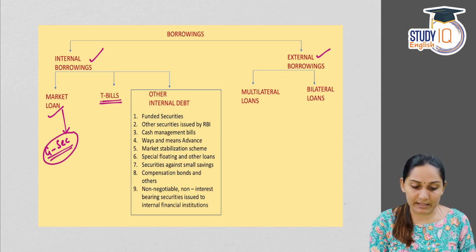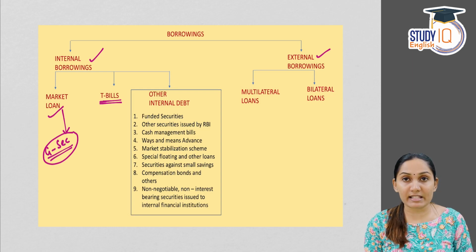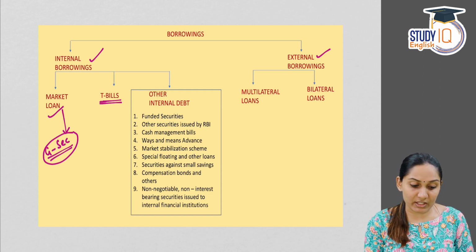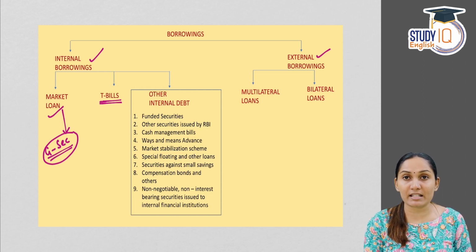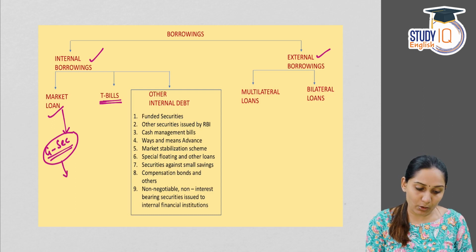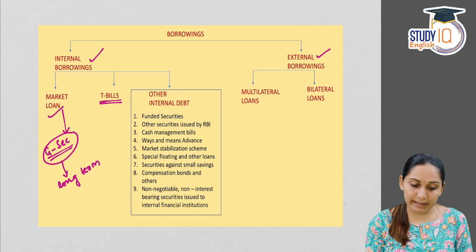Next one is treasury bills. Treasury bills are also financial instruments or debt instruments issued by the government to the general public to raise money. What makes treasury bills and government securities different is that government securities are long-term instruments whose maturity period is more than 1 year.